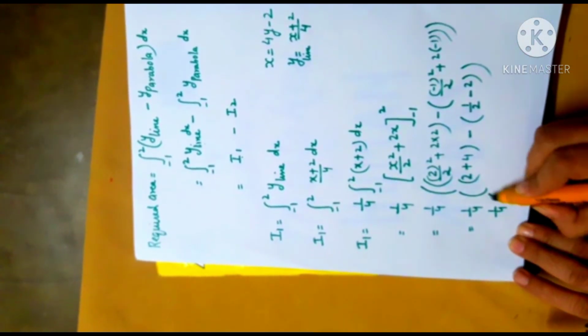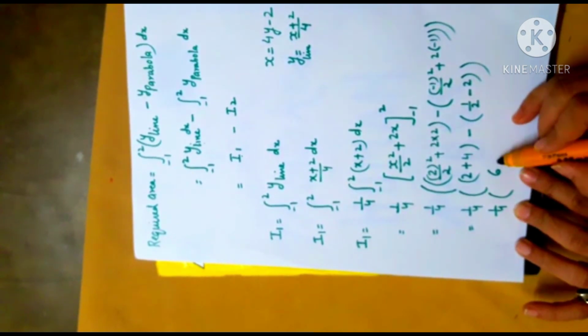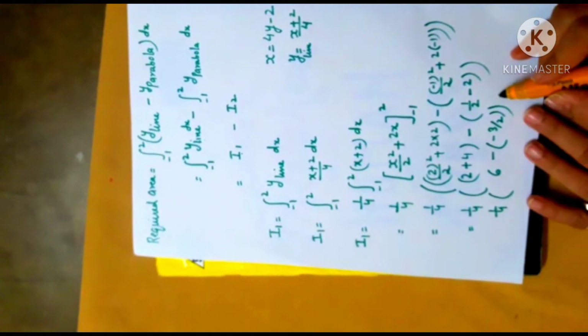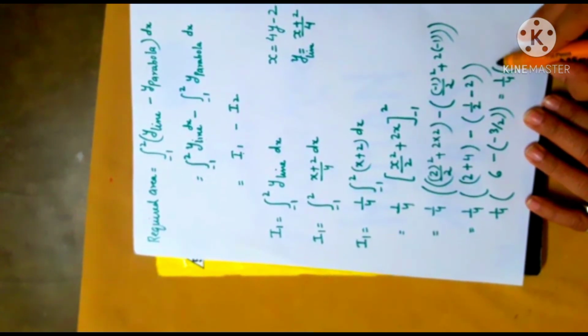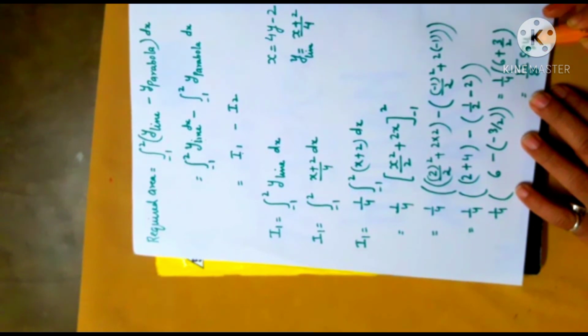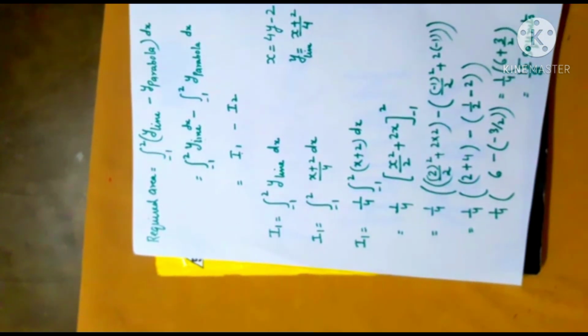That is 1 by 4, here I'll get 6 minus minus 3 by 2. That is 1 by 4 into 6 plus 3 by 2. That is 15 over 8 square units.